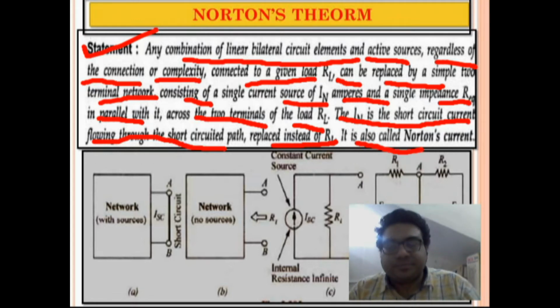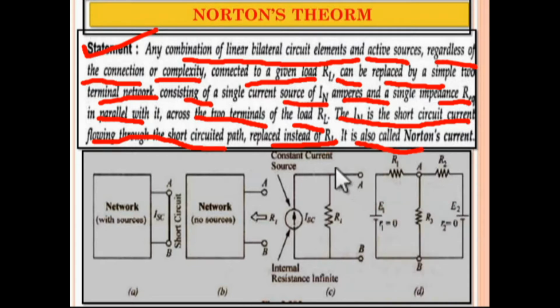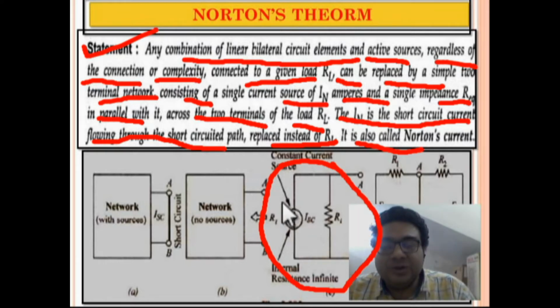So guys, here you can see on your screen the equivalent diagram of Norton's theorem. We have seen the equivalent diagram of Thevenin's theorem, where there was a voltage source VTH in series with Thevenin's resistance. But here, a current source, called Norton's current source, is in parallel with the resistance, as you can see over here.